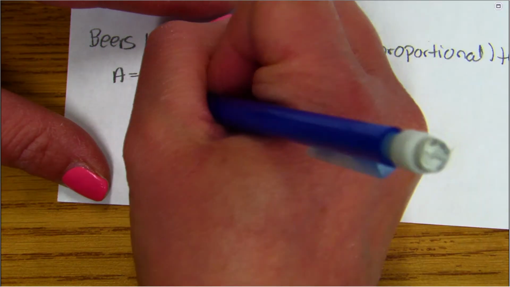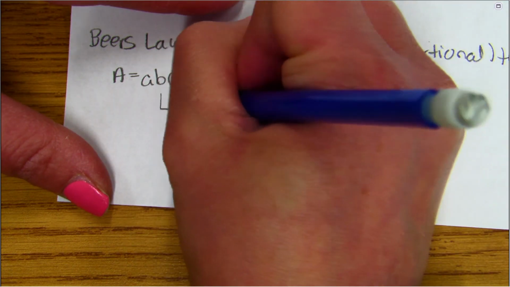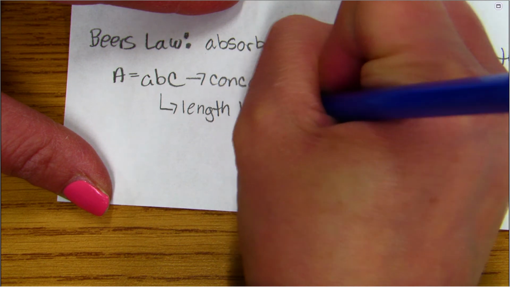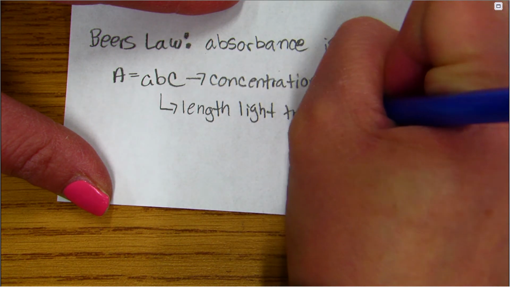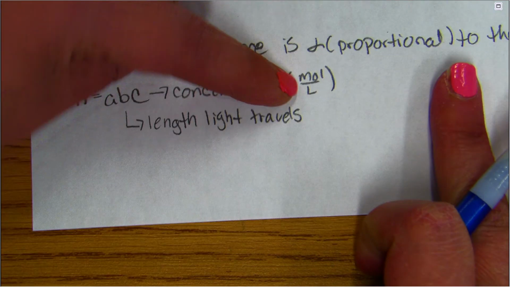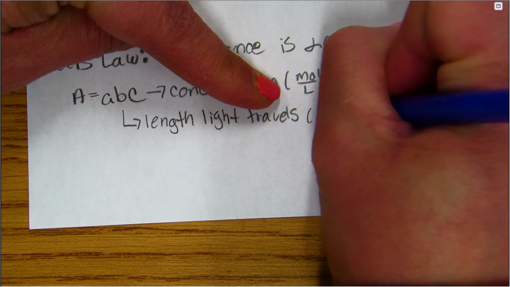B is our length that the light travels, which is important because we know that the length the light travels affects how much light gets absorbed. This is in centimeters.